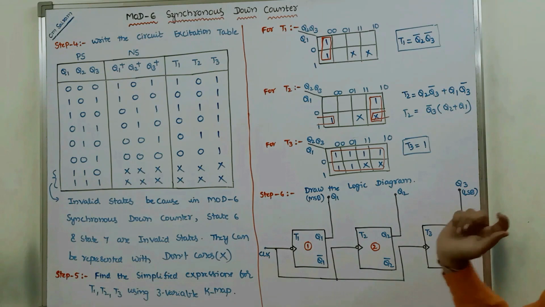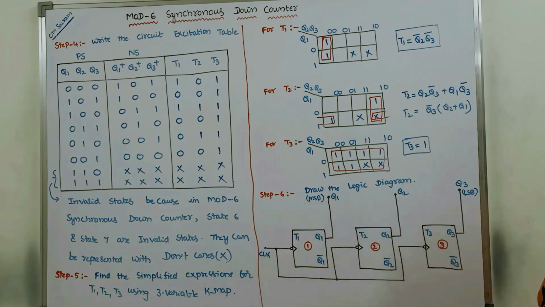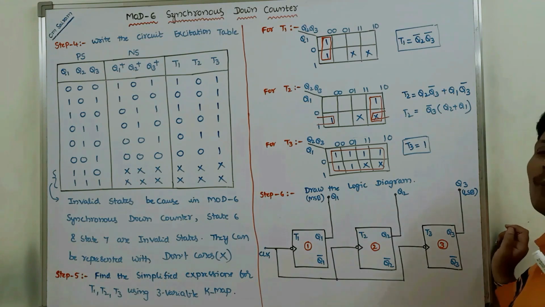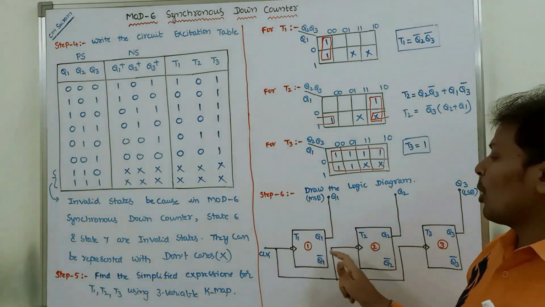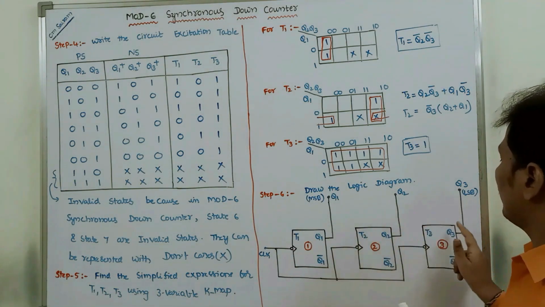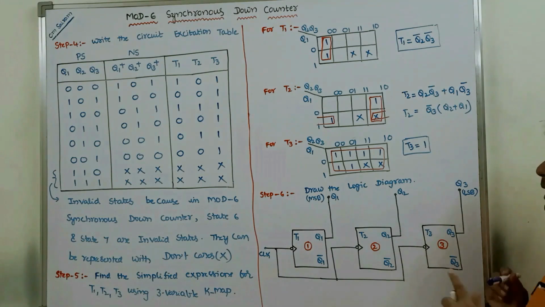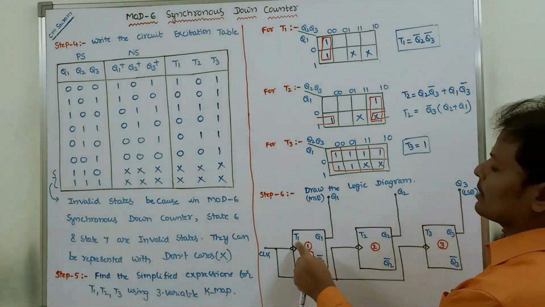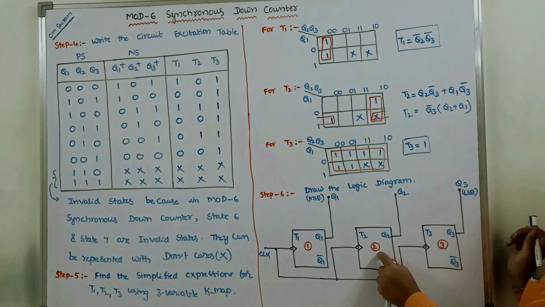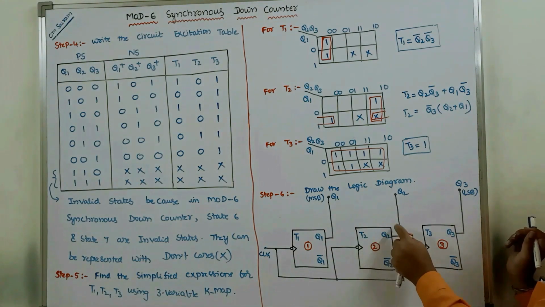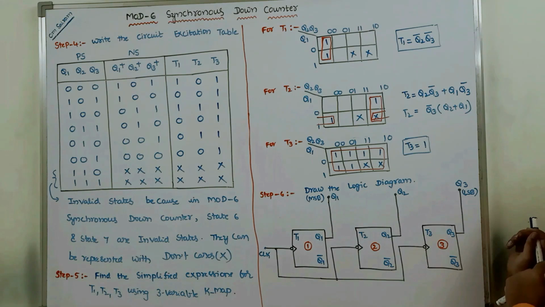Next, in the last step, we have to draw the logic diagram. In that logic diagram, in step 1, we already know that 3 T flip-flops are required. So this is T flip-flop 1, T flip-flop 2, T flip-flop 3. For T flip-flop 1, the input is T1 and the outputs are Q1 and Q1 bar. For T flip-flop 2, the input is T2 and the outputs are Q2 and Q2 bar.